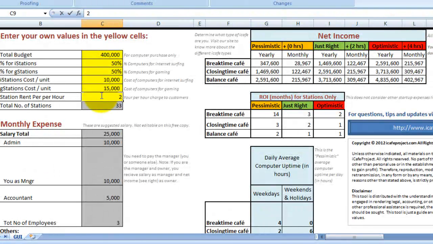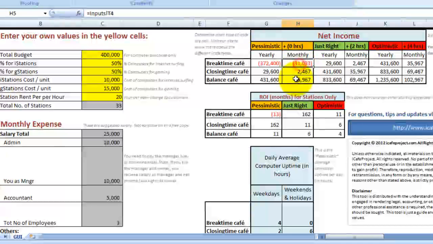But if, after studying the current price and the current competitors in that area, the average charging fee per hour is 20 pesos, then you need to put here 20 pesos. So if you put that 20 pesos with 33 computer stations, you'll be operating at a loss.